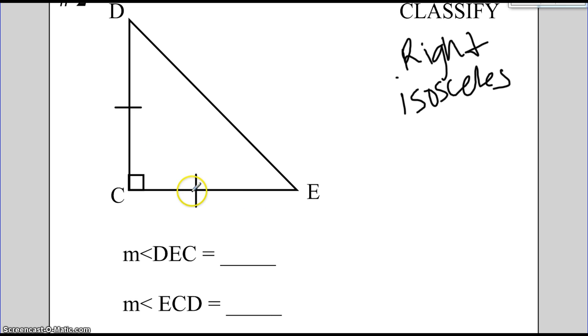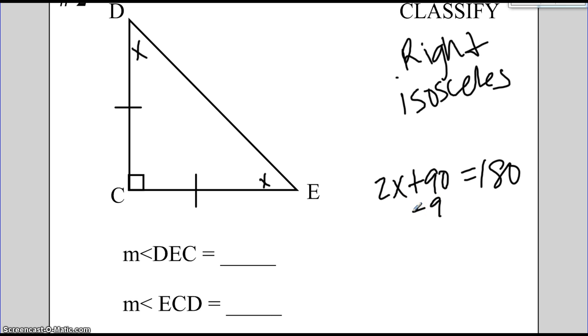If I'm looking for angle DEC, I'll call this X. And if this is an isosceles triangle, then this is also X. That's X plus X, which is 2X, plus 90, should give me 180. I subtract 90. That goes away.